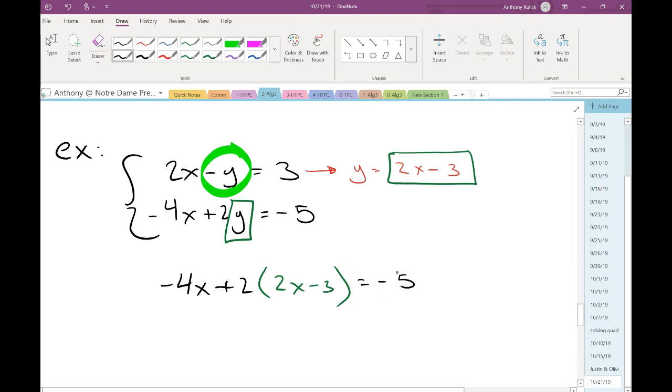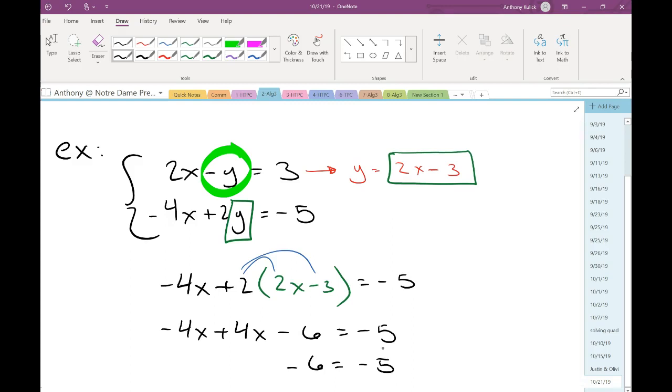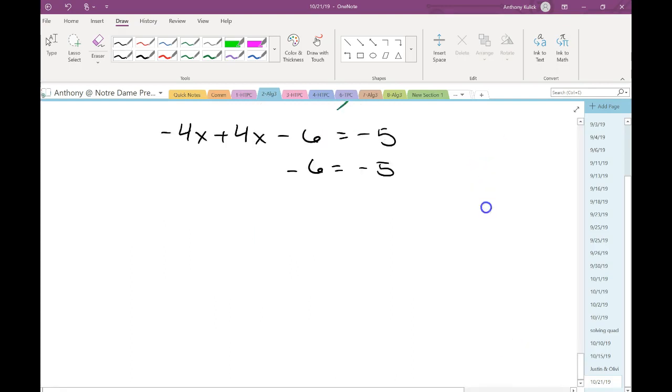Since it's almost the same thing, there's no need to do anything differently. And then I have negative 4x plus 4x. Those cancel out. And I'm left with negative 6 equals negative 5. Is that a true statement? No, that's false. That's always false, right?